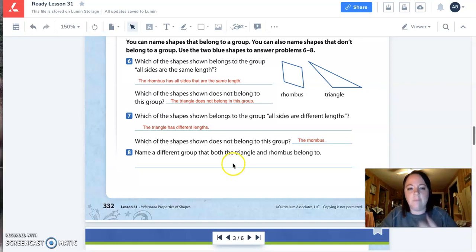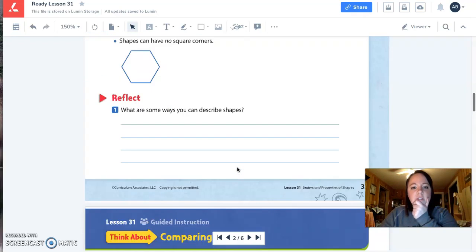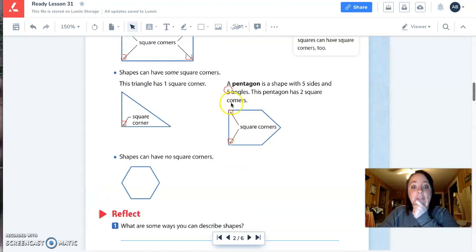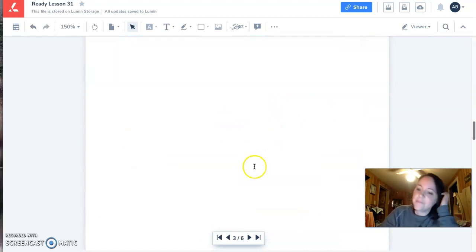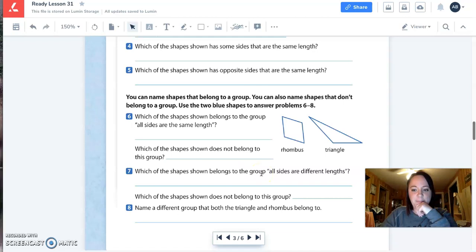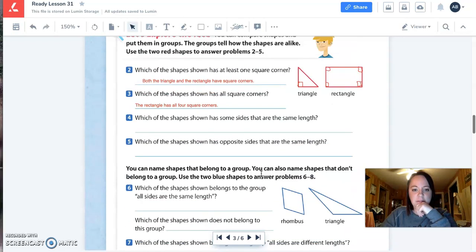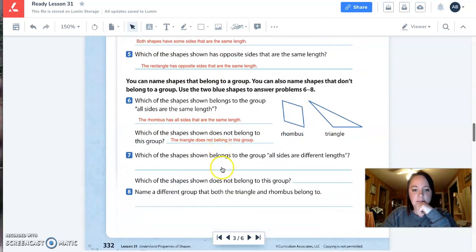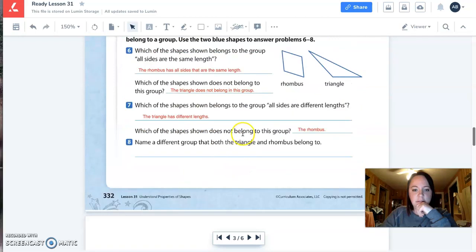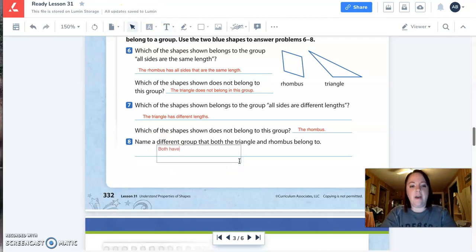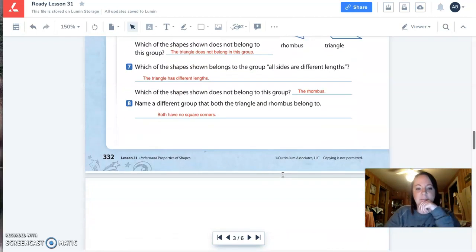What else have we talked about that they might not have? What do they both not have? Square corners. All right, let's write that in our box when it loads. Right here. All right. Both have no square corners. Boom. Just like that. Nice job, guys.